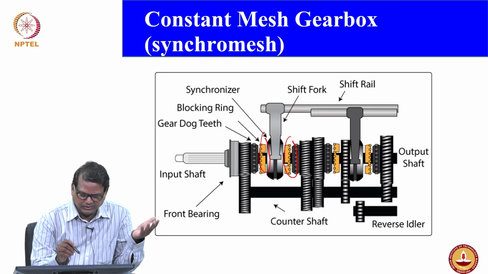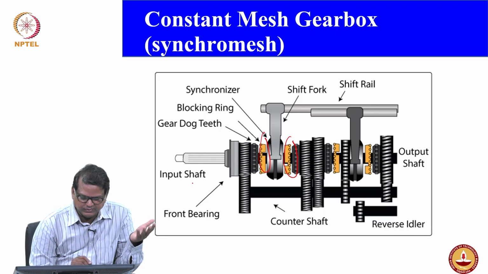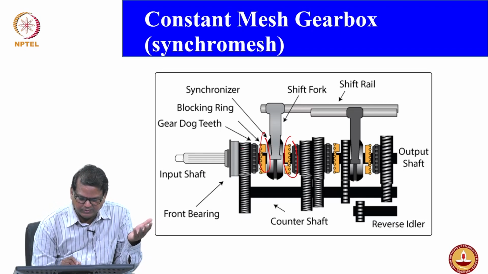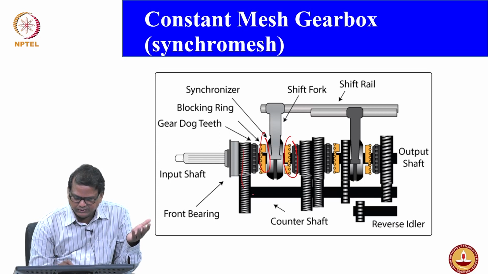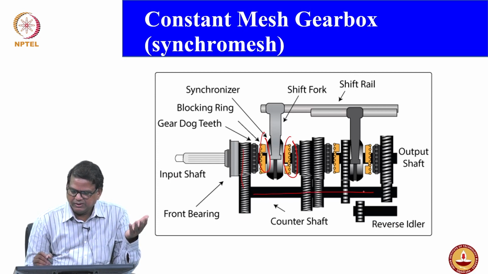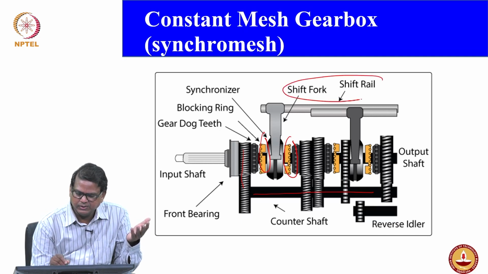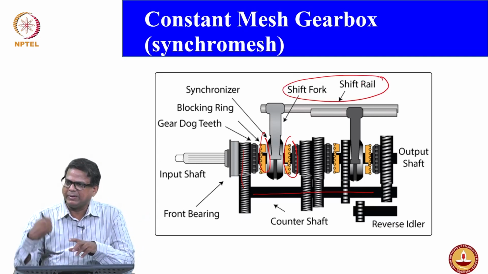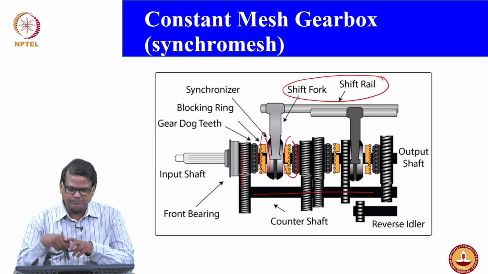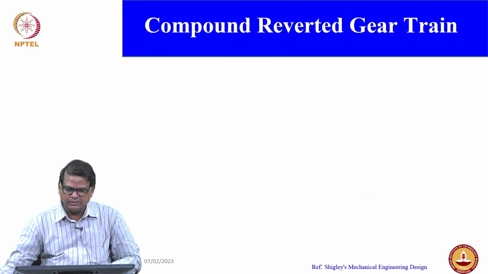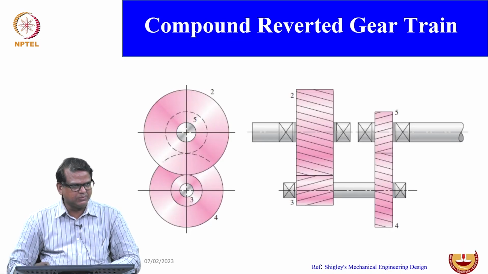If you look at this again, this is the input shaft. You can see the reduction here, the power transmission comes here, then this is your lay shaft. From there you have motion to your output shaft, and this is your gear selection mechanism. I am going to have a couple of slides.